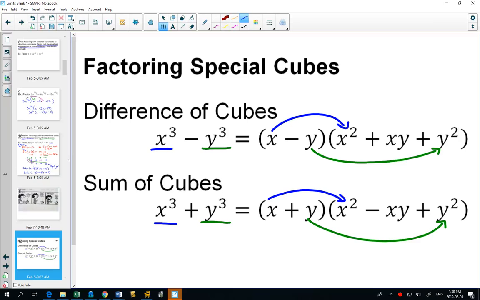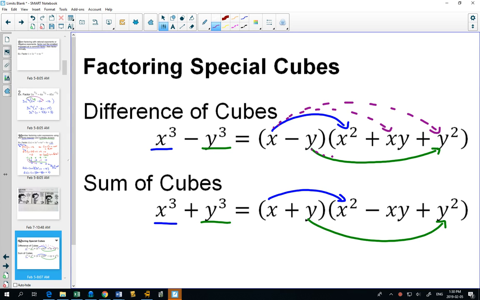Now for what goes on in the middle. If you were multiplying this out using distribution, this x hits the x squared, it would also hit the y squared, it would also hit the xy.